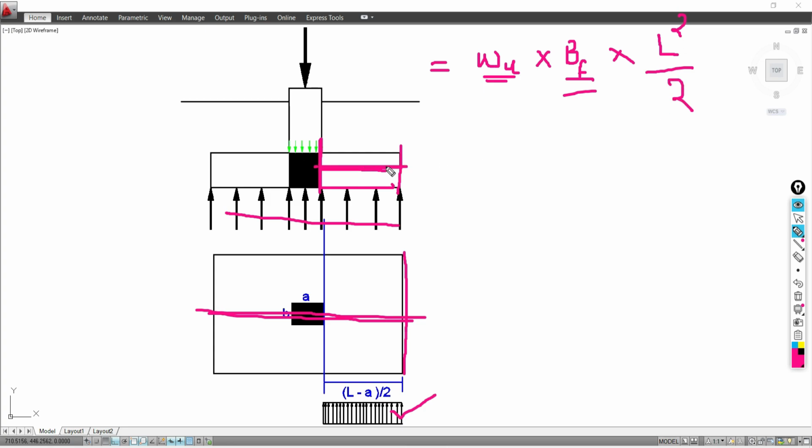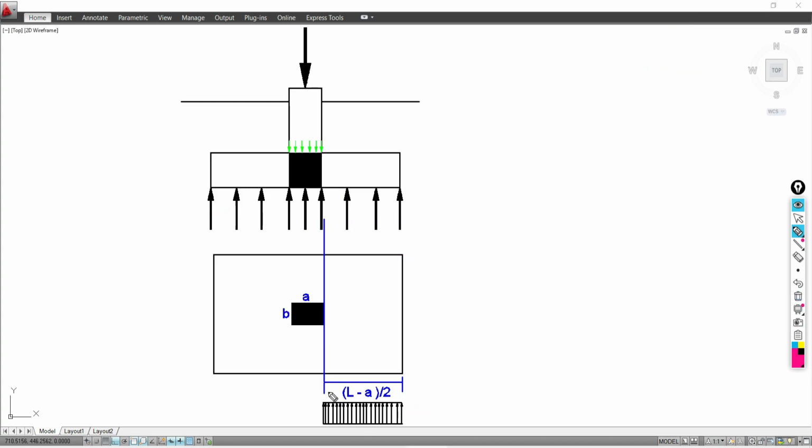So how can you calculate this projected part? The formula is: total length of the footing minus the side of your column, or the dimension of your column along the considered direction, along the length of the footing, that will be your A, divided by 2.